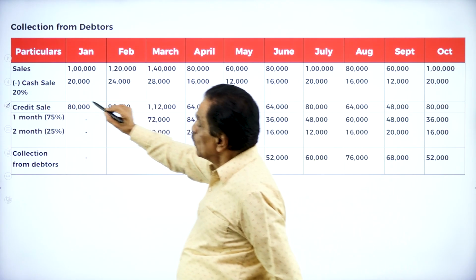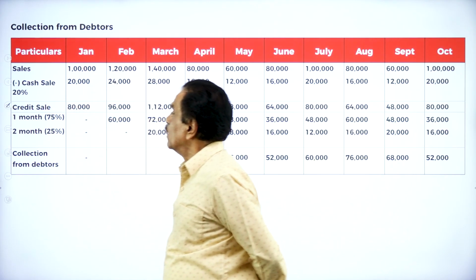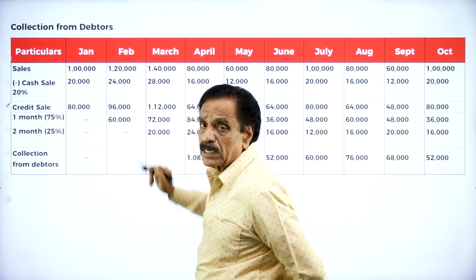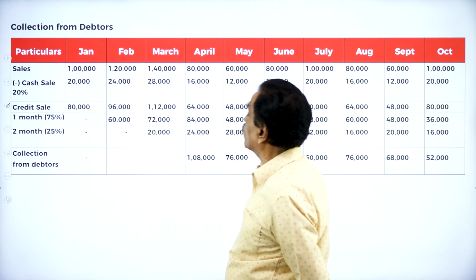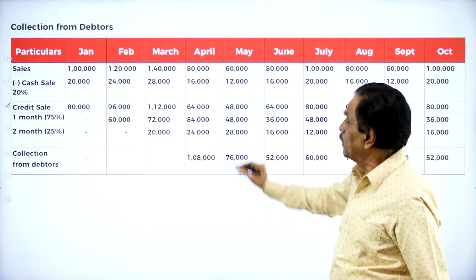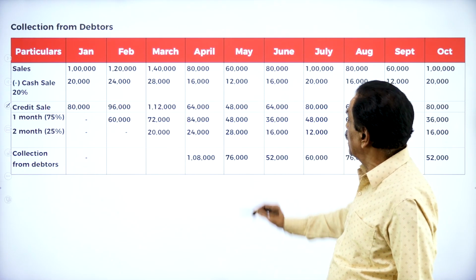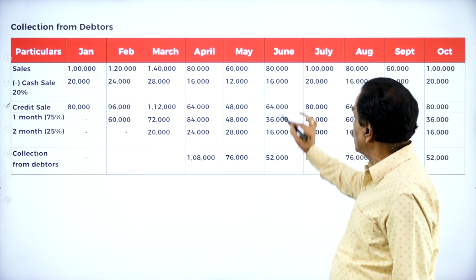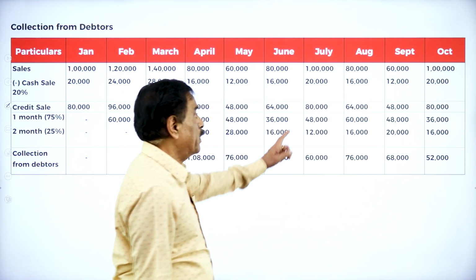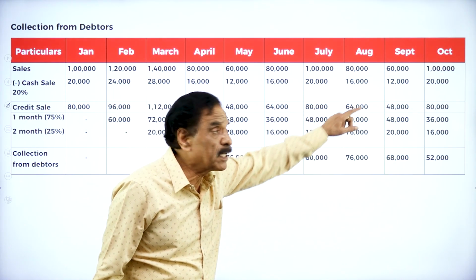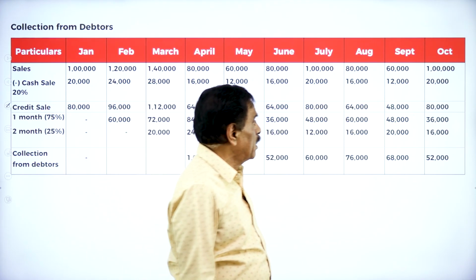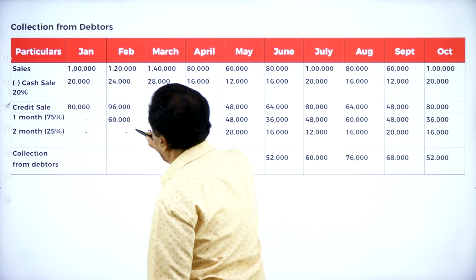Here, 20% is the cash sale. So 20% of this is 20,000. 20% of 1,20,000 is 24,000. 20% of 1,40,000 is 28,000. Then 16,000, 12,000, 16,000, 20,000, 16,000, 12,000. So this is the credit sale.